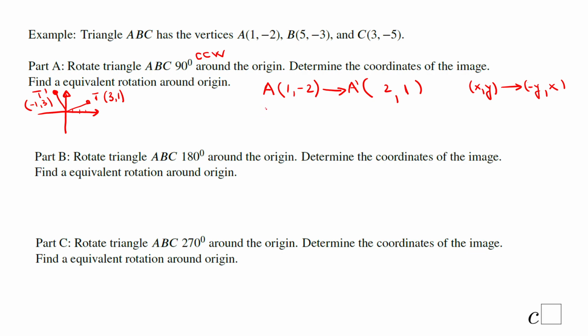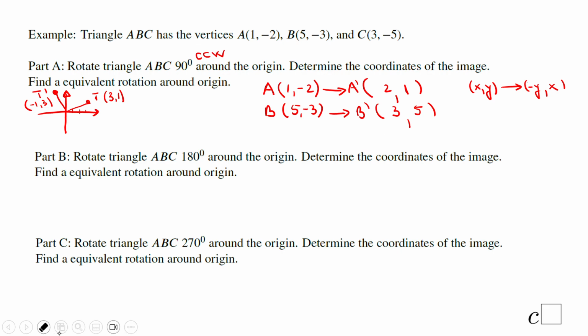Point B. 5 and -3 becomes what? B prime. Again, I'm going to leave some space here. The first thing I'm going to do, I'm going to switch them, -3 and 5. So you see, I just copy, but I just switch them. And then I'm looking, oh, I need to change the sign of y, it's a negative, so that becomes a positive.